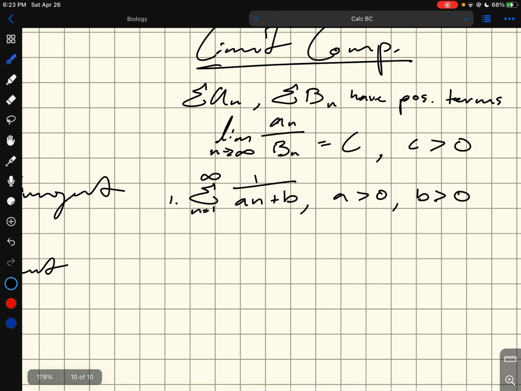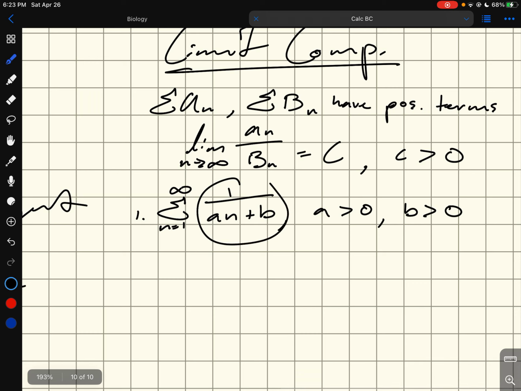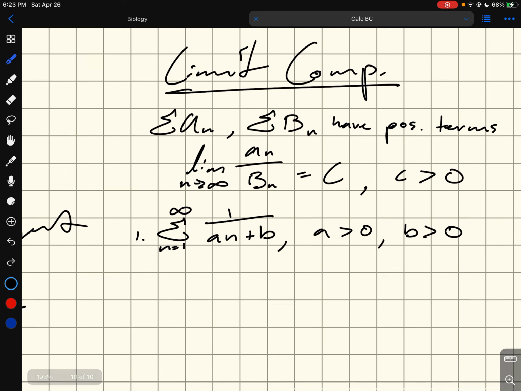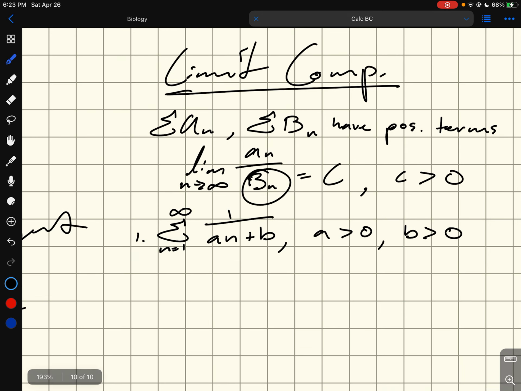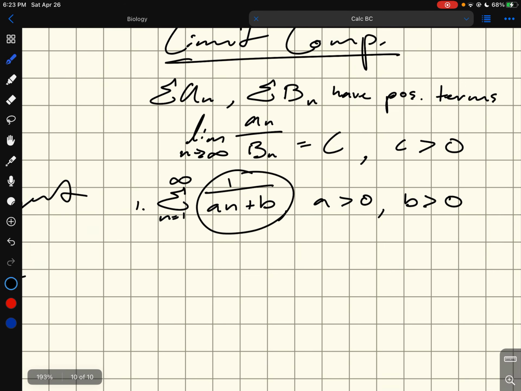Now what we want to do is find a series that is similar to this one that we know the convergence or divergence of. Because then, remember, if one of them converges, then the other one converges as well. If one diverges, then the other one diverges. So if we can compare this to something that we already know the convergence or divergence of, then we know the convergence or divergence of this one as well.